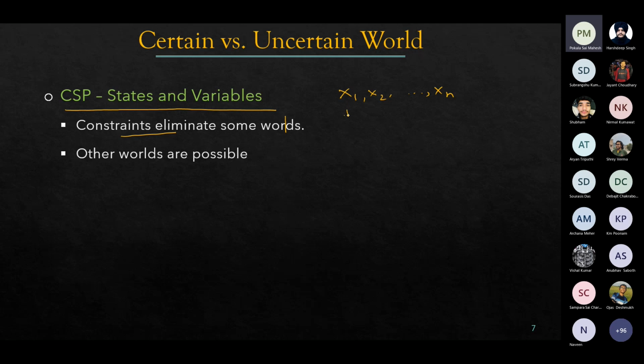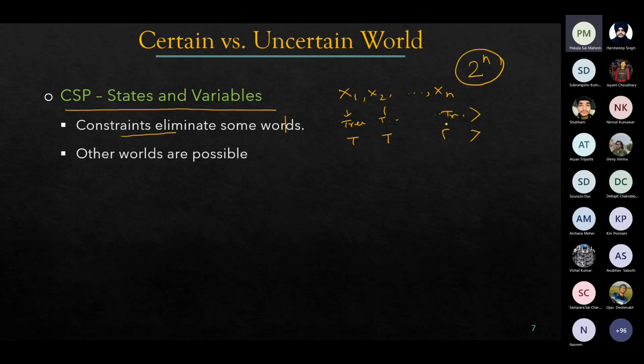Now here you can assign, say, true; here you can assign true, so all true. Let us take a binary CSP as an example, right? So this is one world. The other world is where you have, say, true here, false here. This is another world. So these are all possible worlds, which means we have 2 to the power n possible worlds.